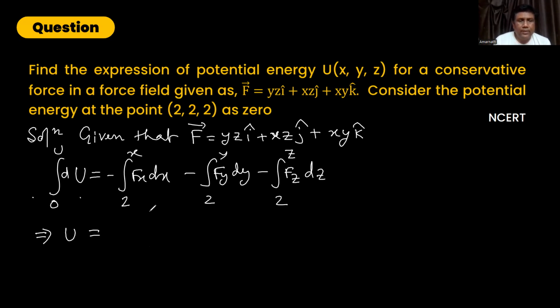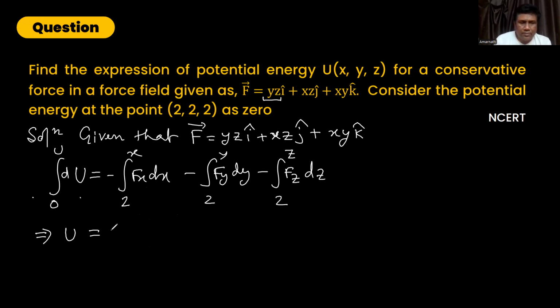So u is equal to, what is fx here? Fx is nothing but yz. Here fx is yz, and y is also constant, because x is variable in this first part.